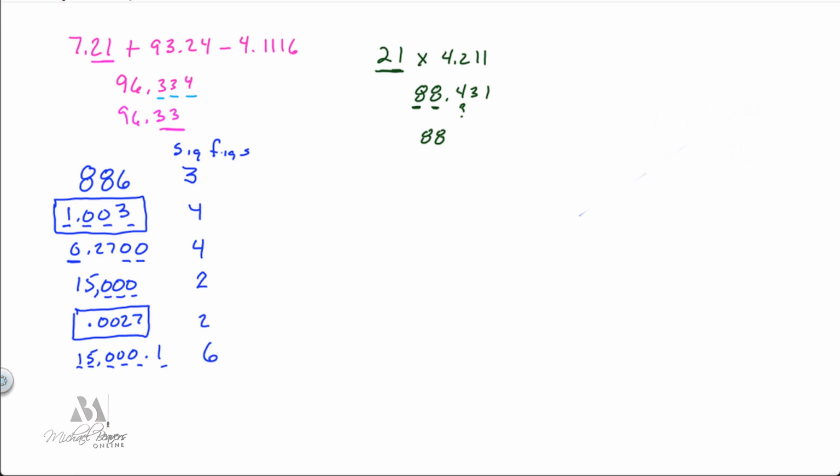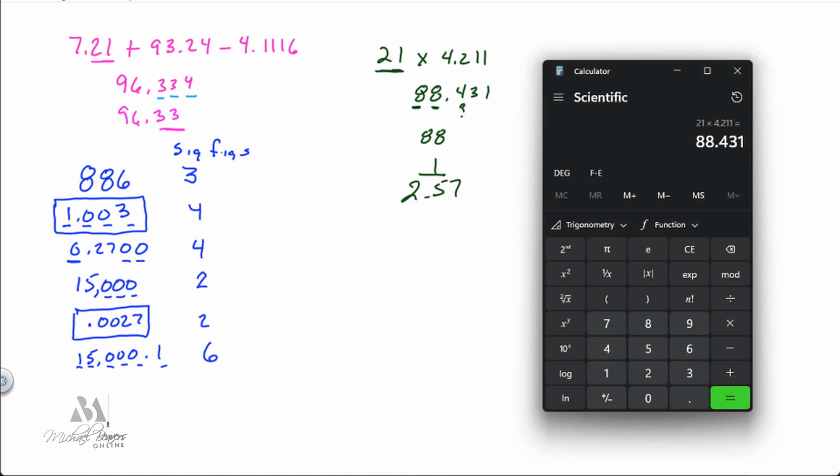What about, let's do a reciprocal. Let's say we want to do the reciprocal of 2.57. And if you remember, reciprocals are just 1 over. That makes this a division problem. Division and multiplication, we look at sig figs. We have 3 significant figures here.